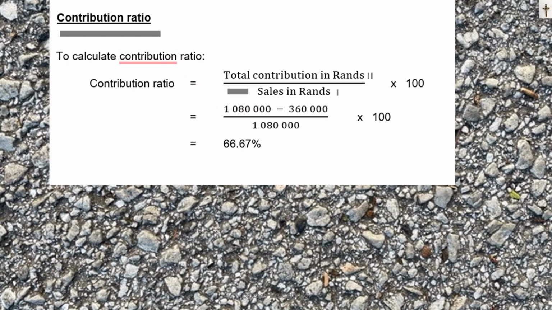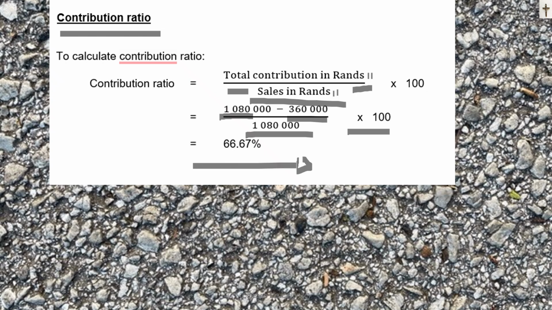The total contribution in rands divided by sales in rands. So it was total income from sales, 1,080,000 less the total variable cost, divided by the total income, sales in rands, multiplied by 100 to get a percent, and there's the percent rounded off to 2 decimals, 66.67%, and that's how you calculate the contribution ratio.